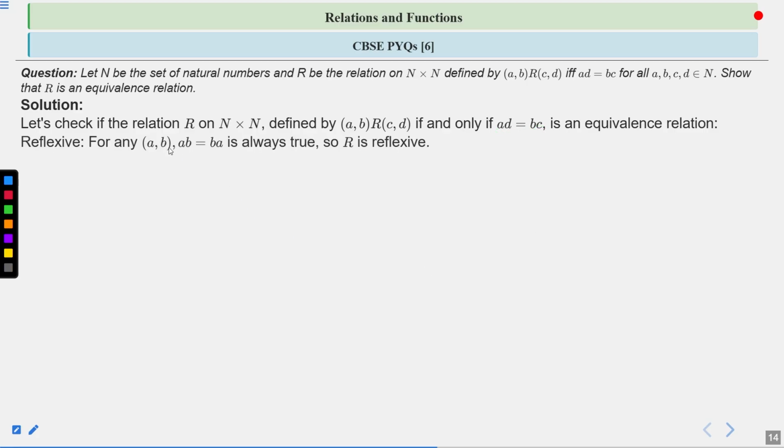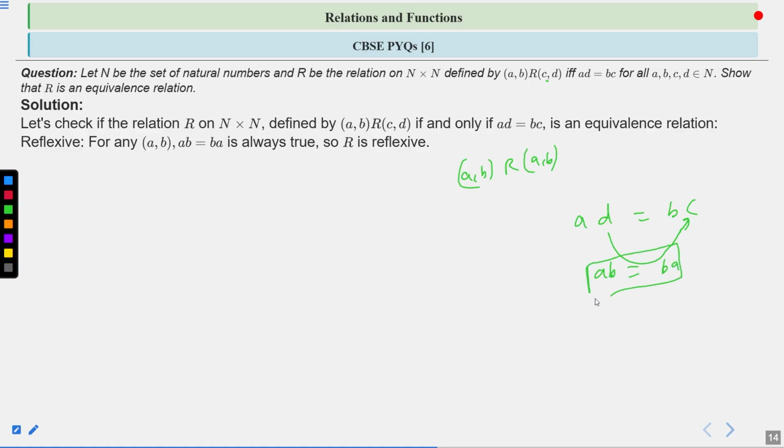For reflexivity, (A,B) should be related to (A,B) only, right? So in place of (C,D), we must put (A,B). AD was equal to BC, so in place of C and D we must put A and B, and in place of D we will put B. So AB should be equal to BA, right?